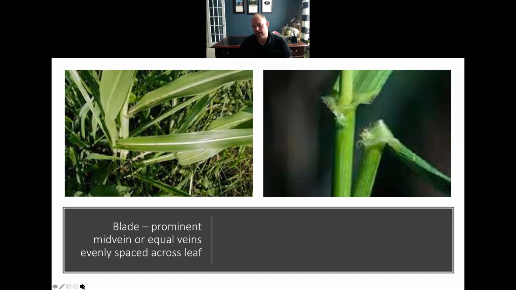When we move away from the stem and out onto the blade of grass, sometimes a blade can have a very prominent midvein, or it can have veins that are very evenly spaced across the leaf. Again, this can be another identifying morphological characteristic that helps us separate species.